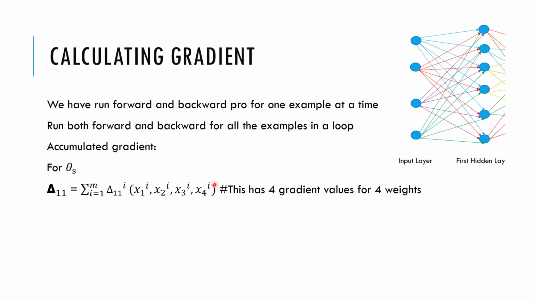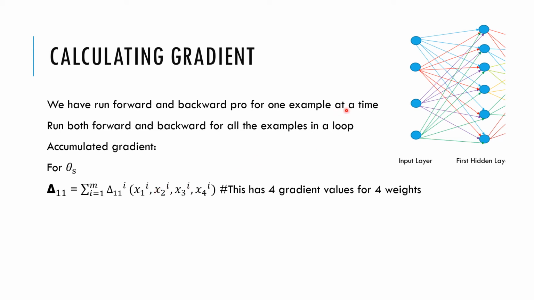Just to save space, I have given this notation, but actually you can write them separately: sigma of delta 1 1 i into x1 i, comma, then sigma of delta 1 1 i into x2 i, comma, and so on. So you calculate x1 for the first example with delta 1 1 1 for the first example, then calculate for the second example, then the third example, and we keep adding them. So we get the gradient value for this first coefficient after running all the examples. This is the accumulated gradient.